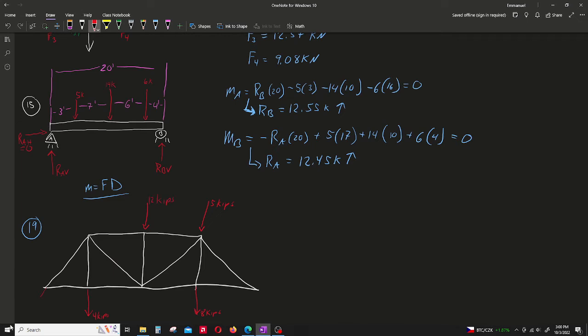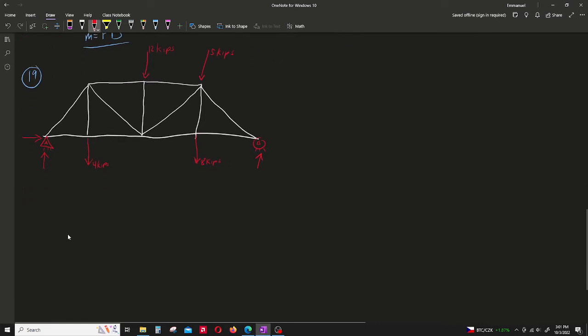And then of course we have some reactions here at location A and location B. And those reactions are going to be for the roller, straight up, for the pin, up and over. But again, as we know, with everything in the Y direction, that means the X is going to be 0. So I'll just write RAV, RAH, RBV.